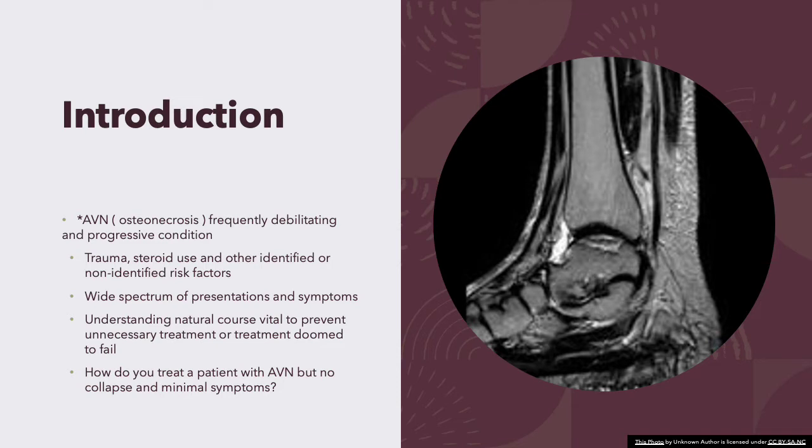However, understanding the natural course is vital to prevent unnecessary invasive treatment in a patient that you would perhaps think would improve organically or naturally, or conservative treatment that is doomed to fail over the long haul. In particular, one of the perplexing scenarios associated with avascular necrosis, which we'll discuss, is how do you treat a patient with known avascular necrosis, but no collapse and minimal symptoms?